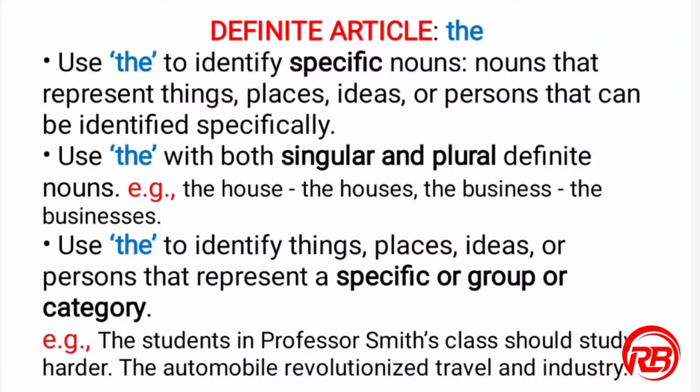Here the students is a collective noun, so we have used the. And example 2: the automobile revolutionized travel and industry. Here the automobile represents overall transportation. So we used the before the students and the automobile.